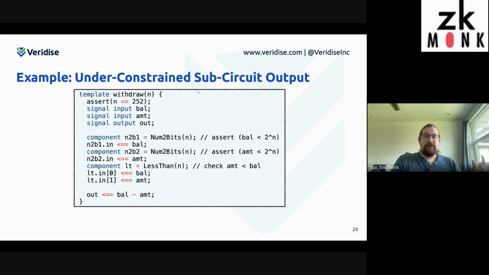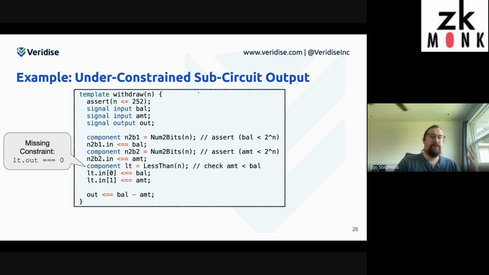It's going to take as input a balance, the amount that they want to withdraw, and some output. And you can see here that there's this less than comparison where they seem to be trying to check that the amount that is passed in is less than the balance, or something along those lines.